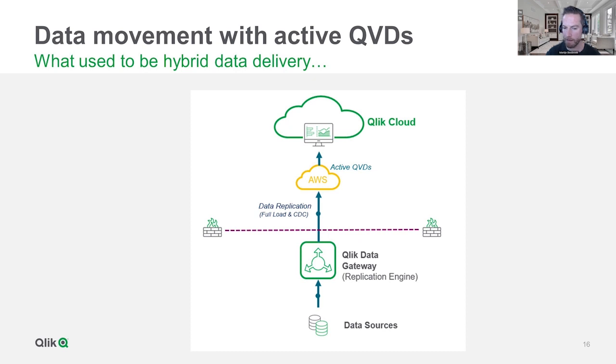And it does that by the local client, the Qlik Data Gateway, using some smart technology. It looks at the log files of your database server and then replicates only those changes to the active QVD. And this process is again managed by the Qlik Cloud tenant, by the data integration part inside the Qlik Cloud tenant.